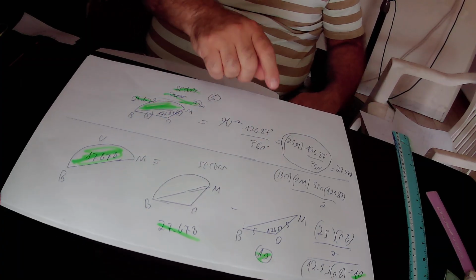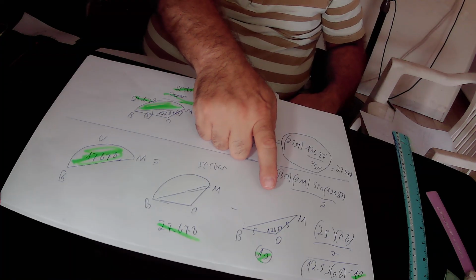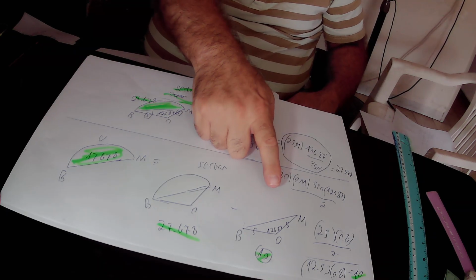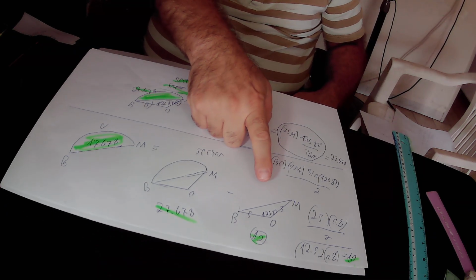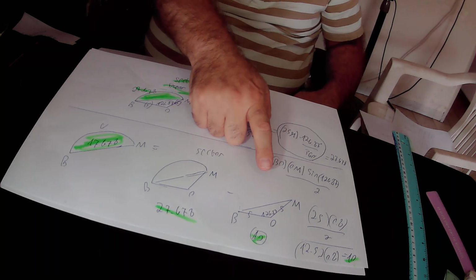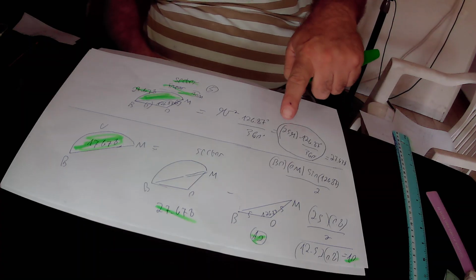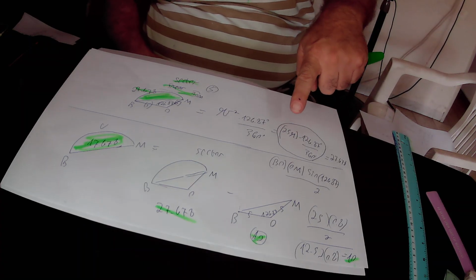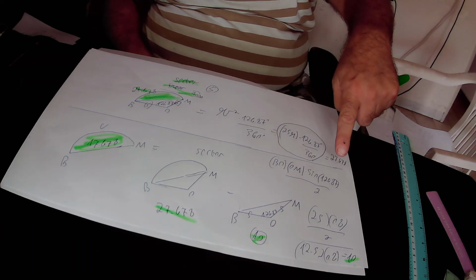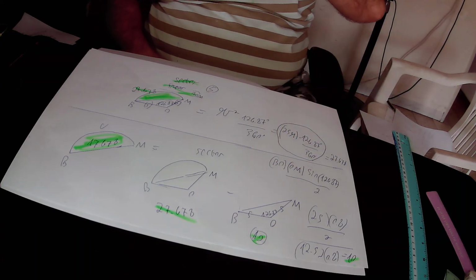We use the new formula in order to find the area of this triangle BOM. According to the new formula, the area of triangle BOM will be equal to BO times OM times the sine of the angle between the two sides, that is 126.87 degrees, over 2.